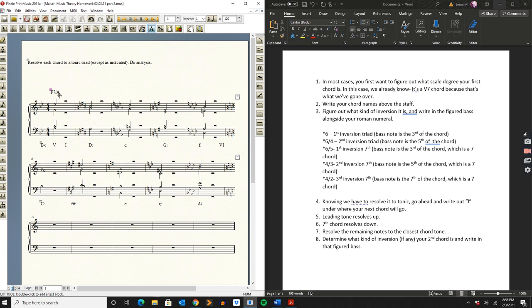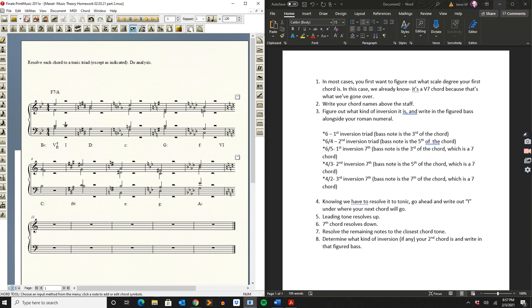Second, this F7 over A tells you that it is a first inversion, because A is the 3rd of the F7 chord. As you can see by our definitions over here, in a first inversion 7th chord the bass note is the 3rd of the chord, which is the A. So we're going to enter the figured bass, which is 6/5. And if Finale would put it in the right place, we'd be good. Now we have our 5 6/5 chord written out properly.